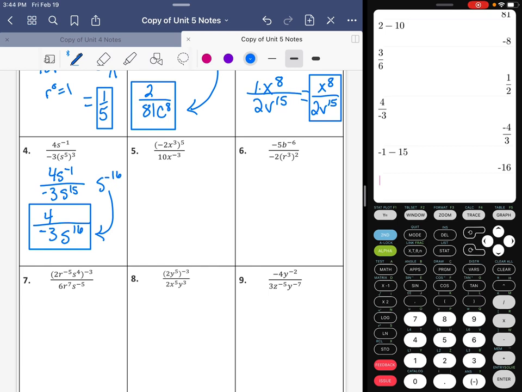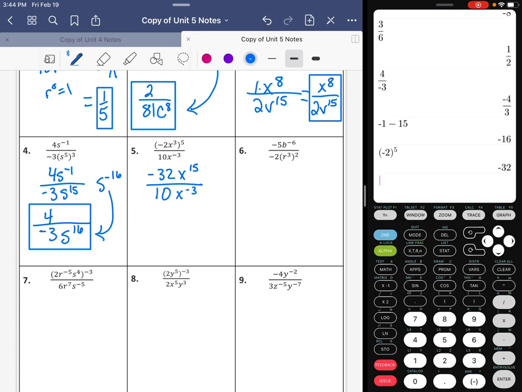Number 5, this one I do have to do negative 2 to the 5th power because it's in those parentheses as well. So it's going to be negative 32 x to the 15th power over 10 x to the negative 3rd power.